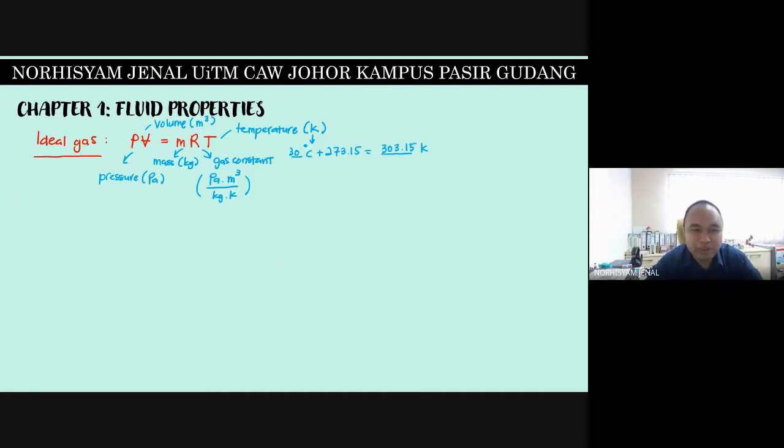So why do we need to know about ideal gas? Because in ideal gas, we have some of the fluid properties that are important for our study. For example, we have volume and we have mass. Remember, if you have volume and mass, we should get density and specific volume.